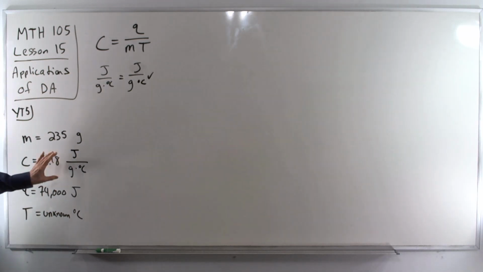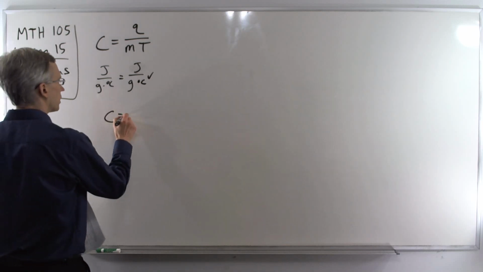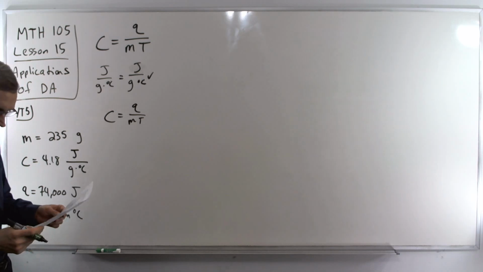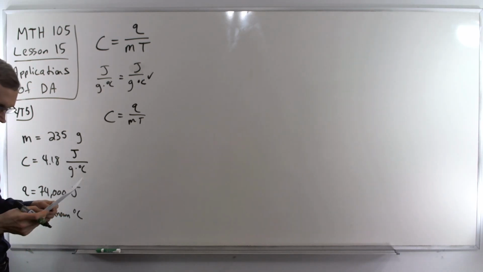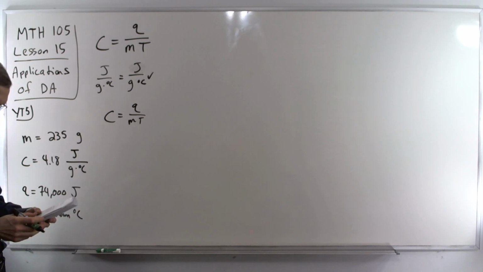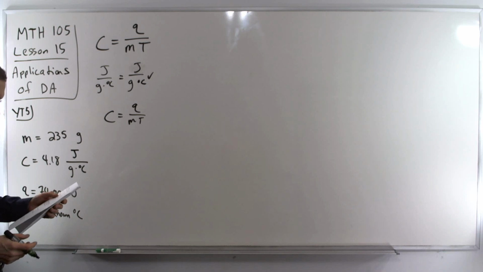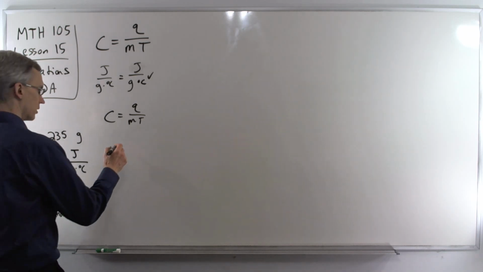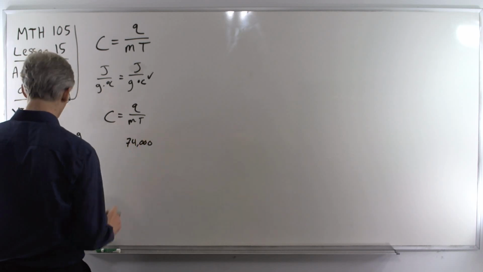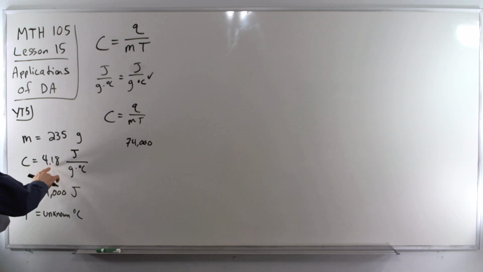So a lot of times, if you've got a complex unit like this, you can use this to set up the equation. Just copy this form. All right, so now we have our equation. C equals Q over MT. And now we can plug in, so Q is 74,000. And C is 4.18.